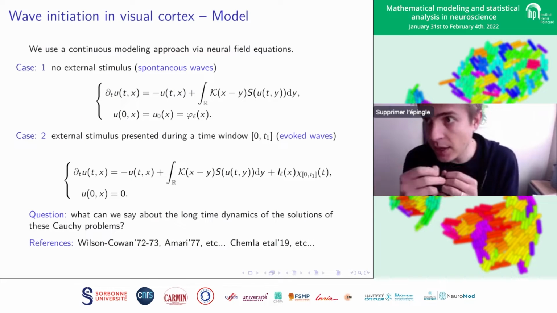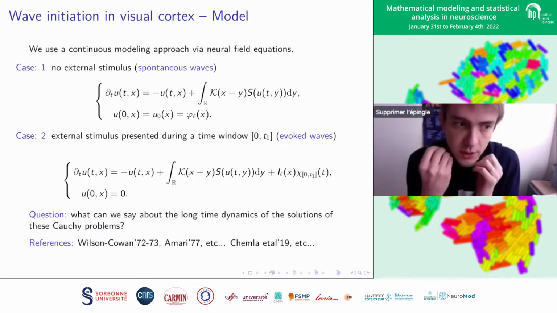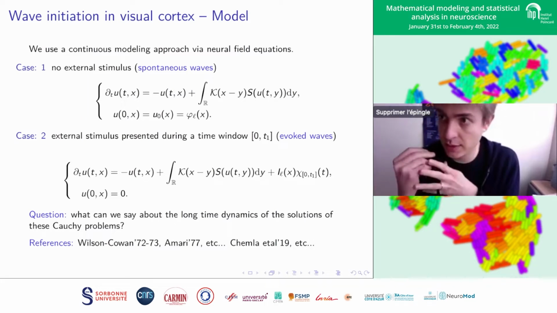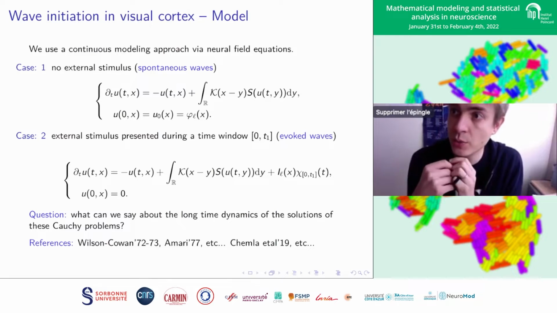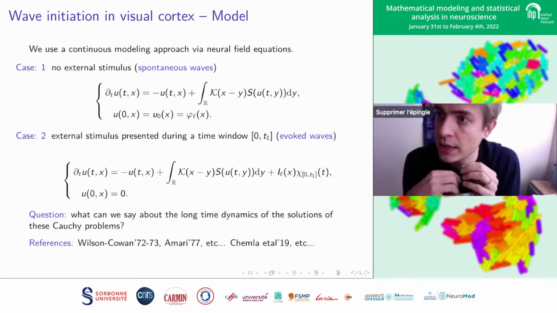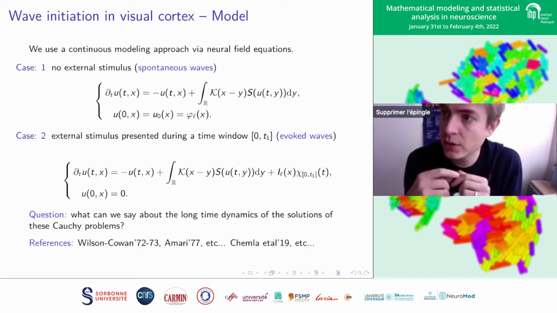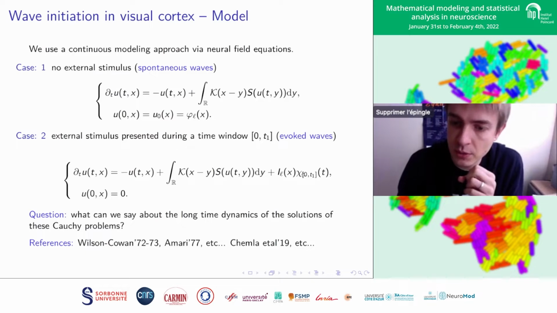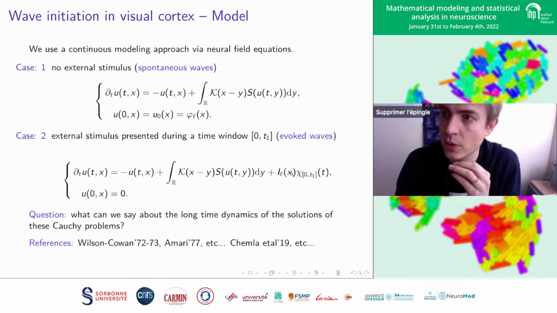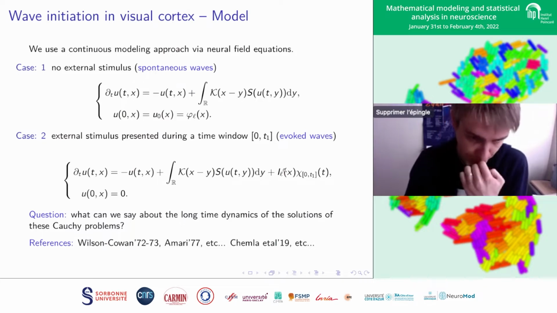And in the second case, which I will not have time to talk about today, is the evoked case. In that case, you start with, say, zero initial condition, flat state, rest state. But this time you add some external drive to the equation. So for some amount of time you show some stimulus.